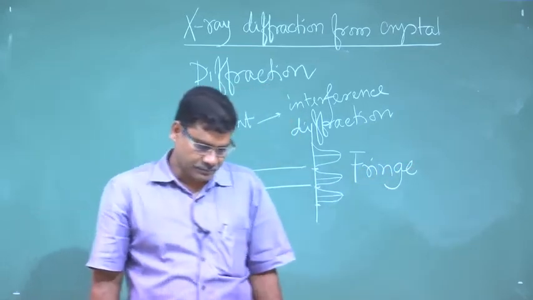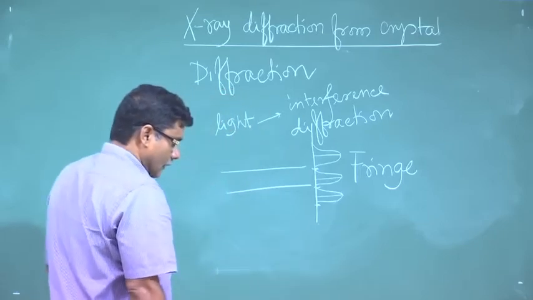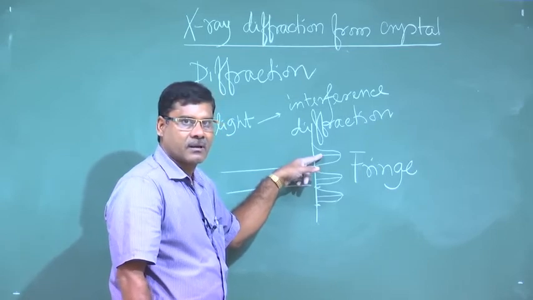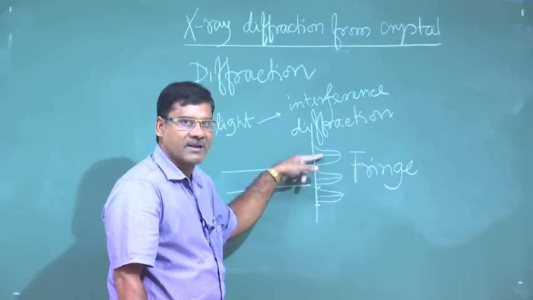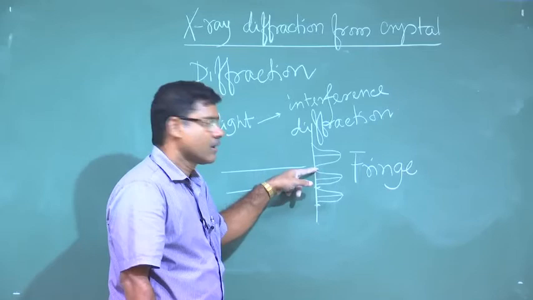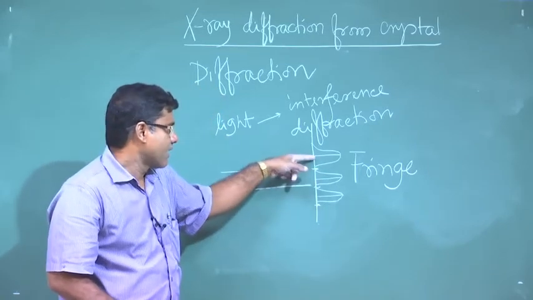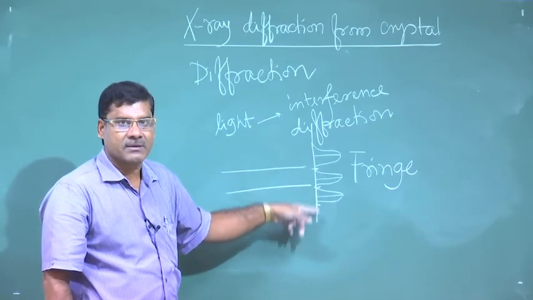Okay. So, where we see the bright fringe and where we see the dark fringe depends on position.